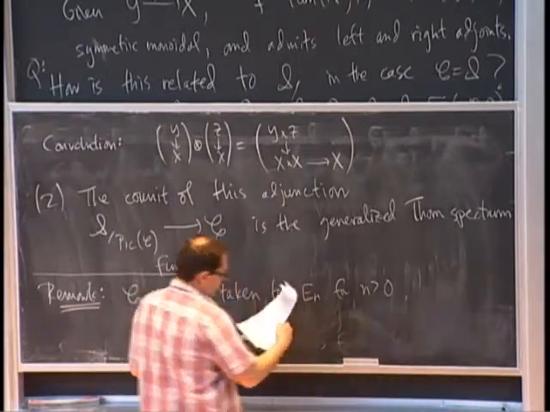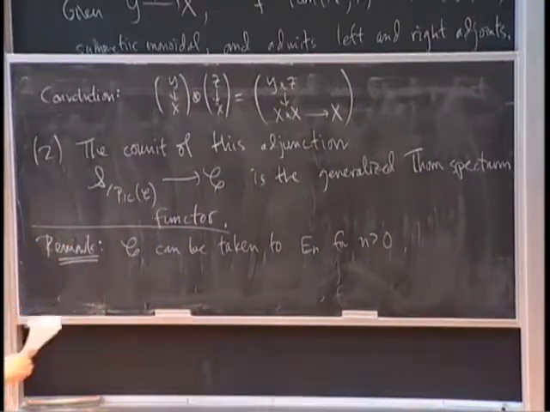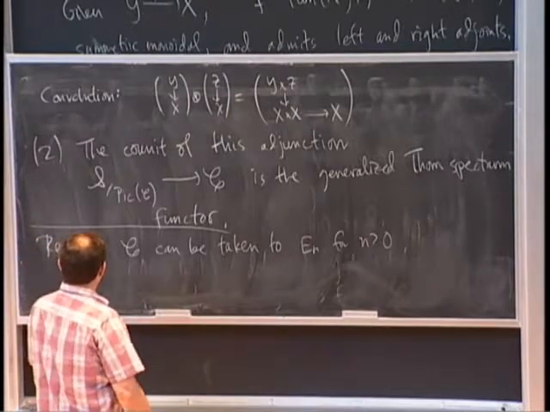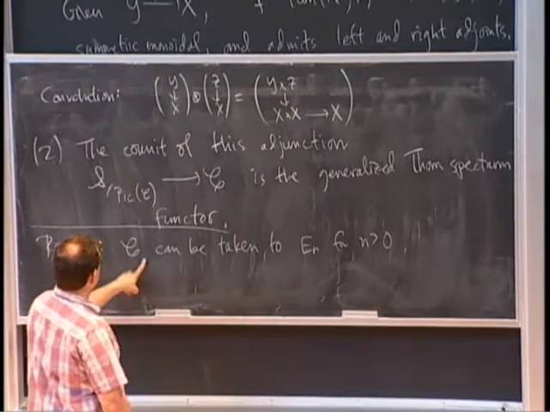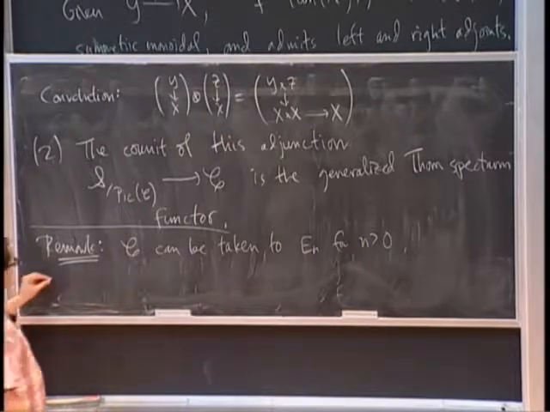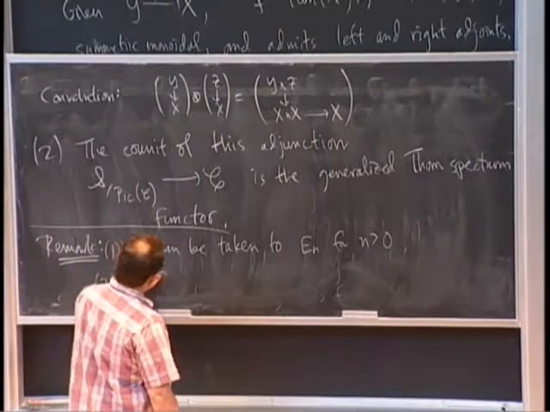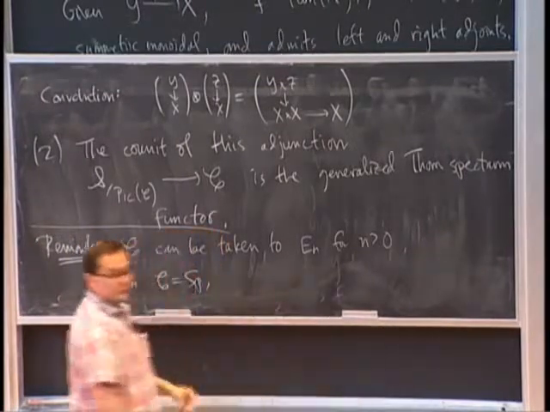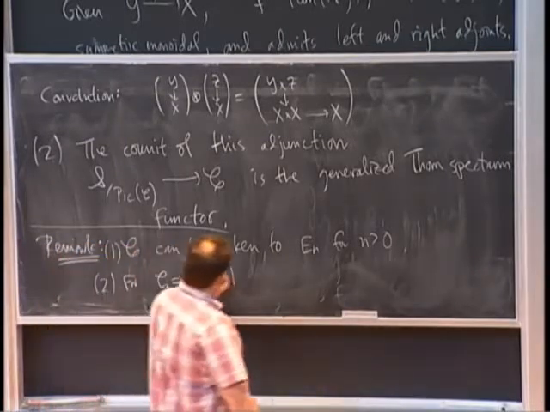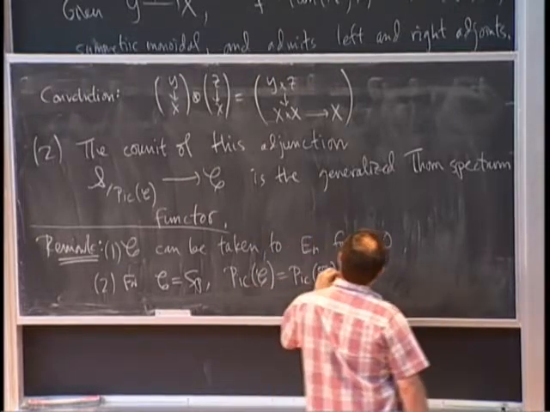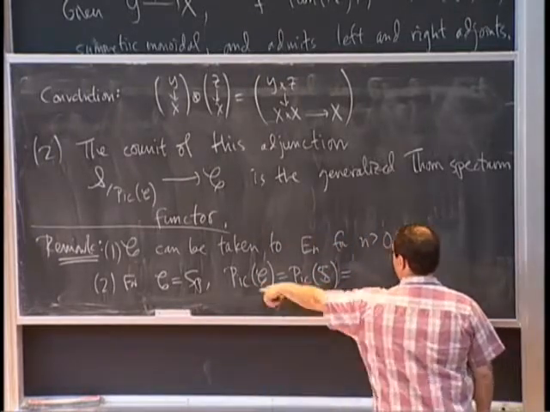Well, let me make it explicit as follows. So this is part 1 of the remark. Part 2, for C equals spectra, Pic of S. That's just shorthand for that.